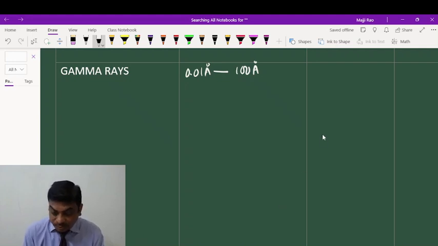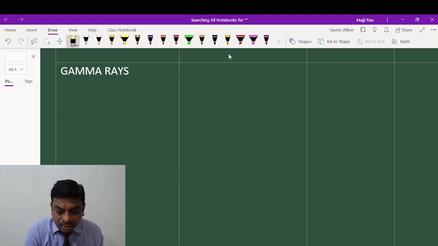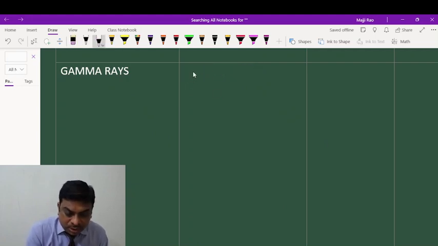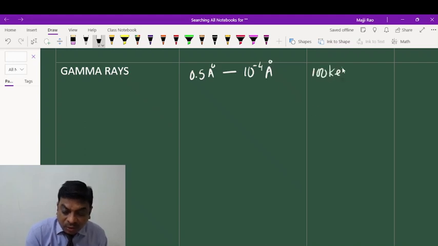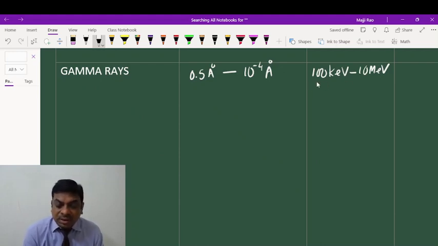I'm sorry, this is for X-rays. For gamma rays it is from 0.5 angstrom to around 10 to the power minus 4 angstrom, and their energies will be of the order of 100 kilo electron volt to 10 million electron volt. They can range beyond this also. This is a rough value I have given.